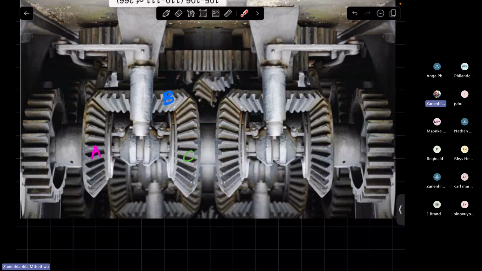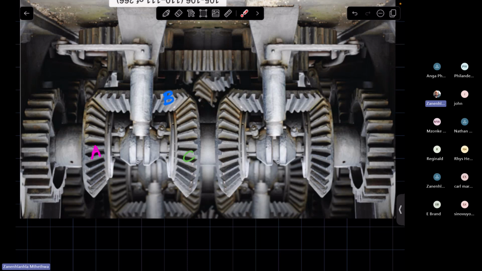So this is exactly what I mean: if you have gears meshing with the middle gear on the left-hand side, or if gears mesh such that they have this configuration, they tend to go in the same direction.